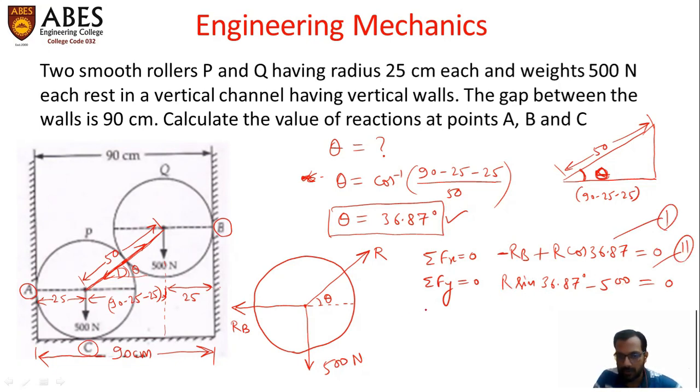So R from the second equation is clearly 500 upon sine 36.87.